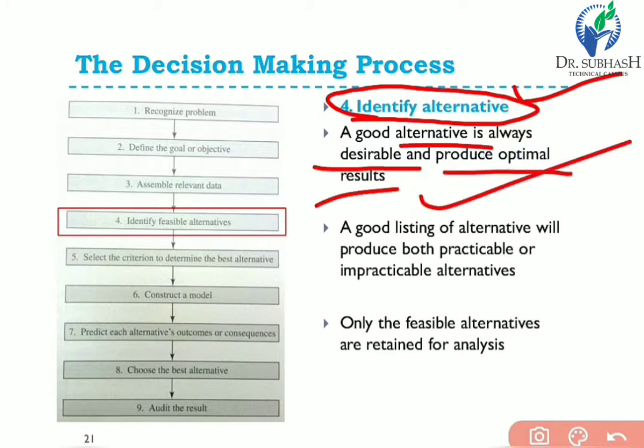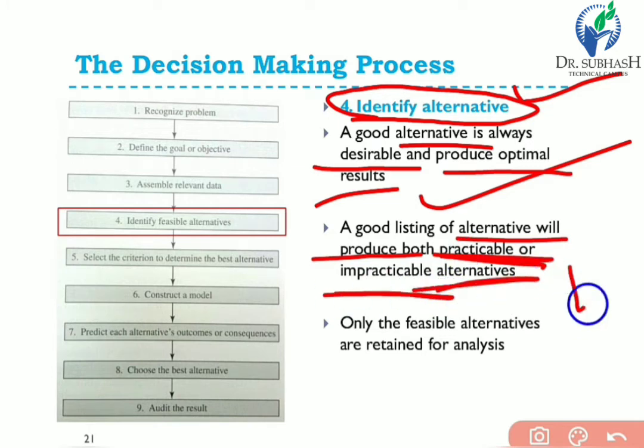A good listing of alternatives will include both practicable and impracticable alternatives. Only the feasible alternatives are retained for analysis.